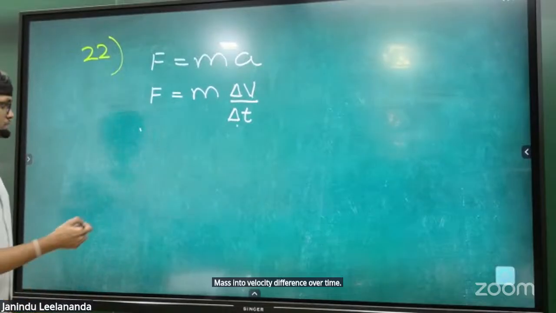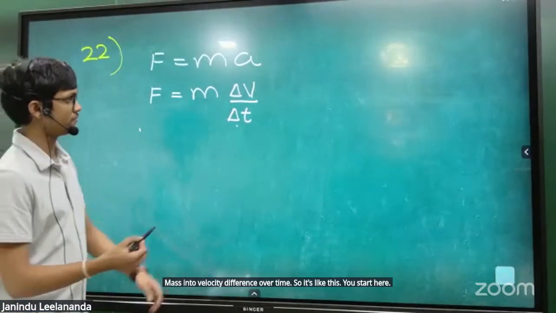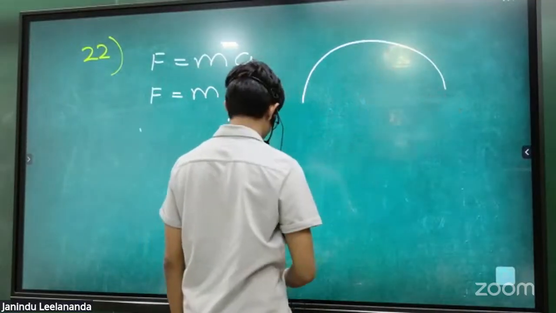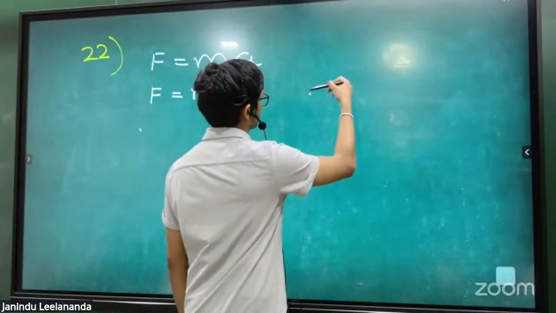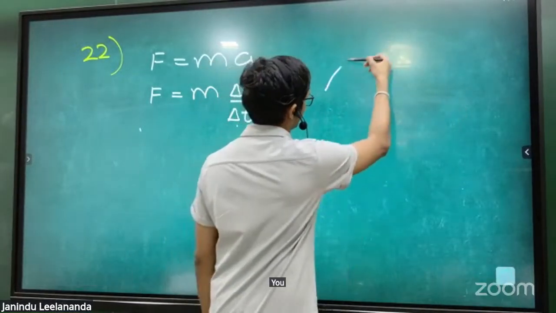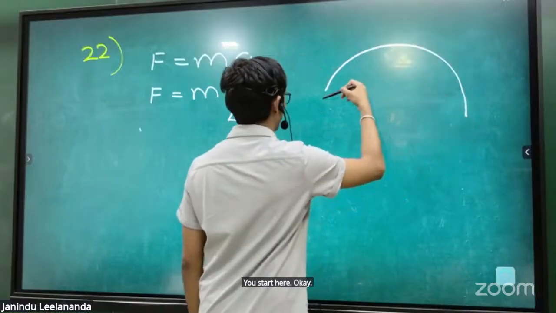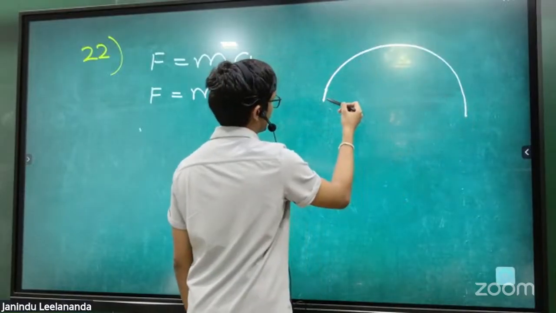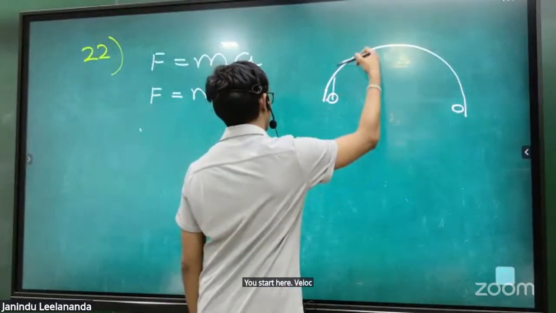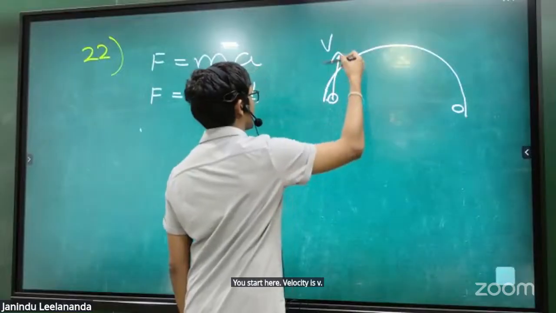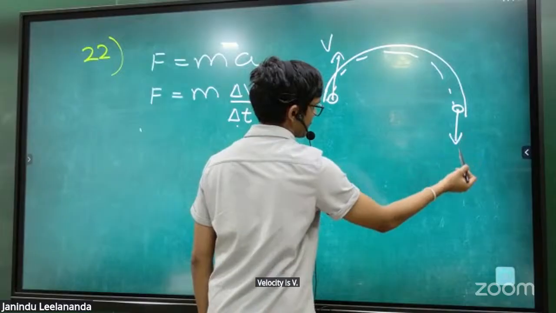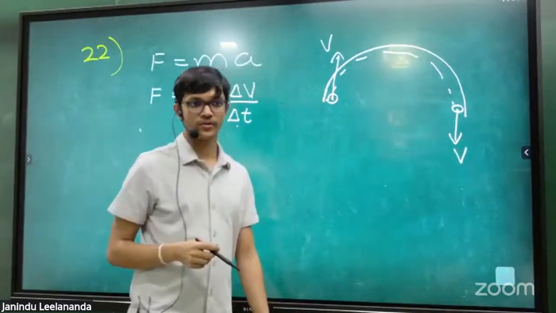So it's like this. You start here. The velocity is v.